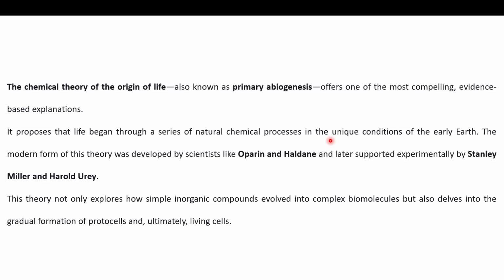The modern form of this theory was developed by scientists like Oparin and Haldane and later supported experimentally by Stanley Miller and Harold Urey. This chemical theory not only explores how simple inorganic compounds evolved into complex biomolecules, but also goes deep into the gradual formation of protocells and ultimately the living cells that we see today.